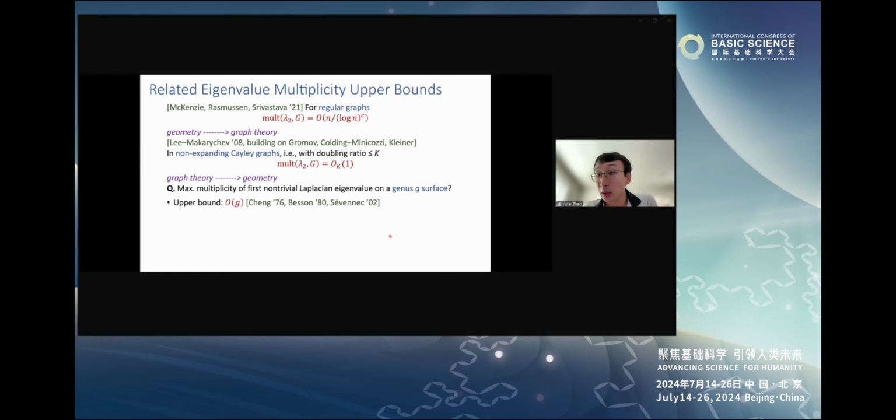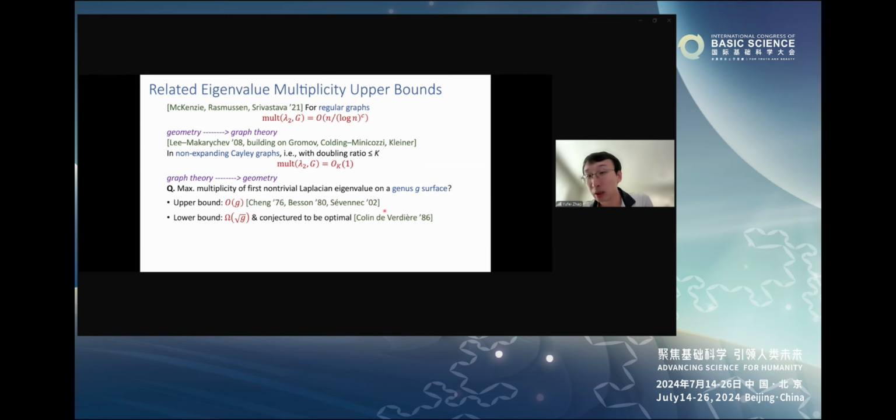There is an upper bound that's linear in g, due to a long line of works, some of which I cited on the slide here. And the best lower bound to this problem is on the order of root g.